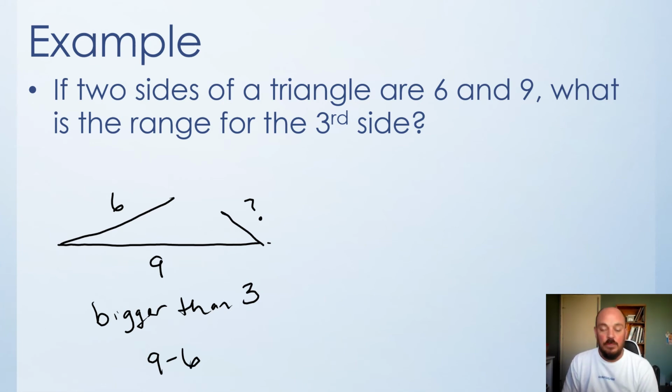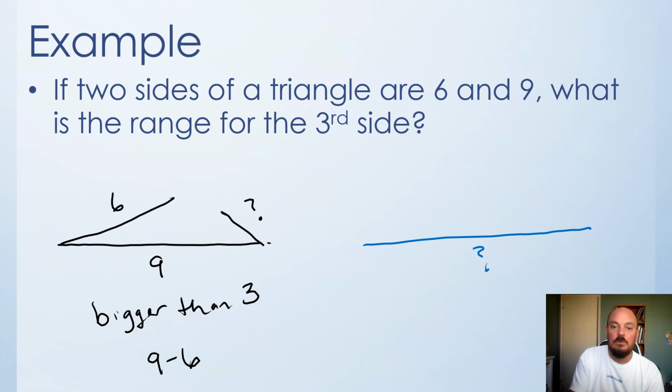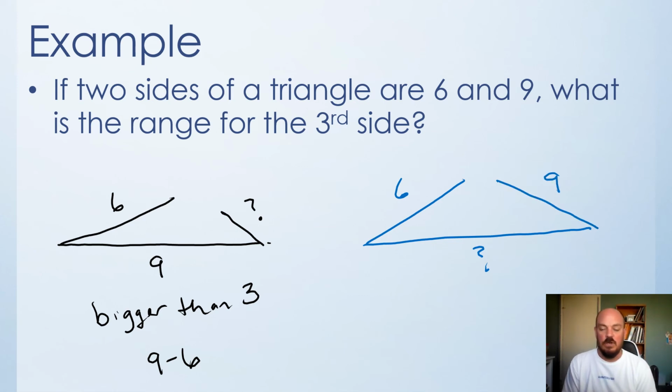Okay, now, the other possibility would be, what if the 9 isn't the biggest side? What if the 6 and the 9 are the short sides, and you have a third side that's bigger than both of them? So for my other picture, let's say the big side is the one we don't know, and I have a 6 here, and I have a 9 here, and I want to make sure it makes a triangle.